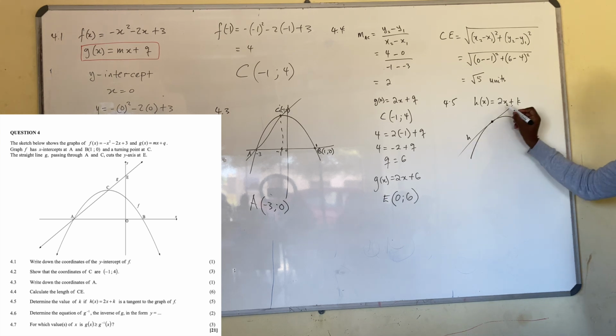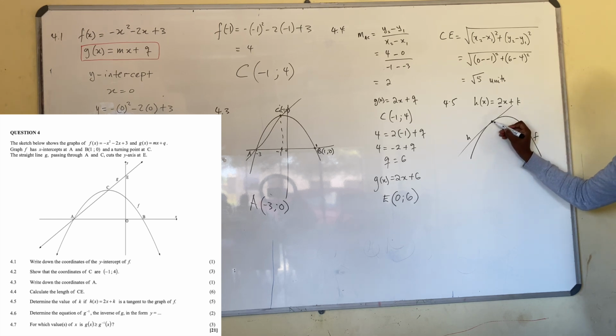What is it? 2, right? So this 2 here is the gradient of the tangent. That means the gradient of the curve at that point is also 2, okay? So the gradient of the tangent is the same as the gradient of the curve at the point of contact, right? You understand? That's what Refiro said.